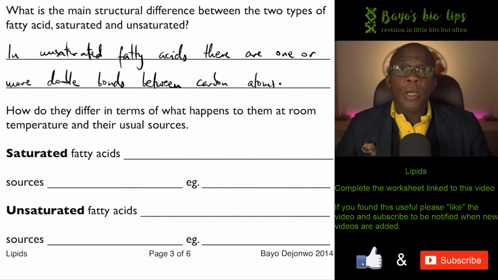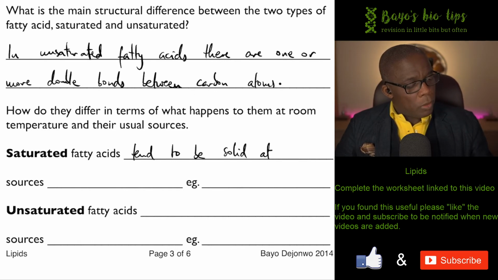Saturated fatty acids tend to be solid at room temperature, and sources would tend to be animal fats. Examples would be things like lard and butter.